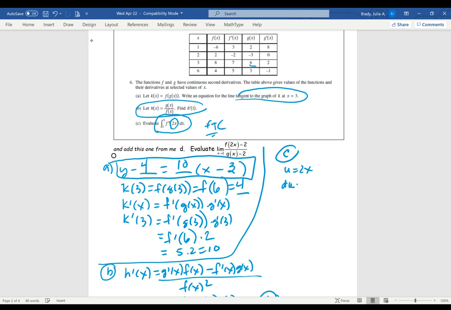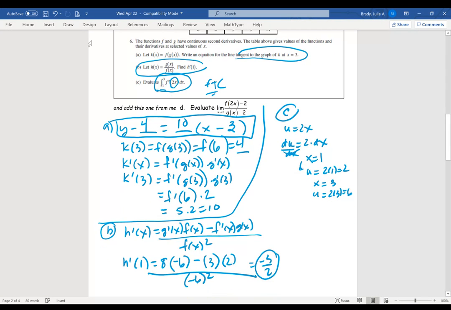That means du/dx is 2, which means du is 2 times dx. If x is 1, the lower bound, u is 2 times 1, which is 2. And if x is the upper bound, which was 3, it would be 2 times 3, which is 6.